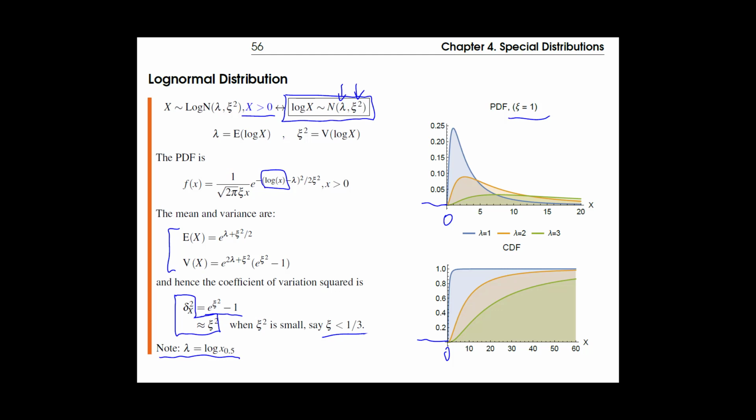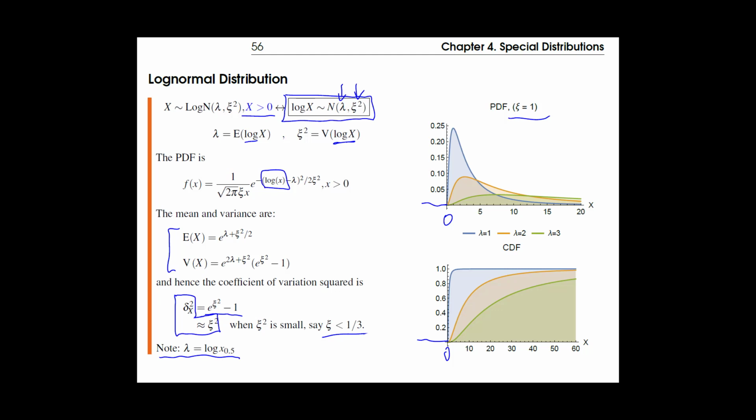We're going to see why in a minute. Okay, so just to recap, log-normal distribution means that the log of x is normally distributed with these parameters lambda and psi square. So what is unusual is that these parameters lambda and psi square do not reflect directly the random variable, but are the mean and variance of the log of the random variable, right? So that's a little bit unusual.